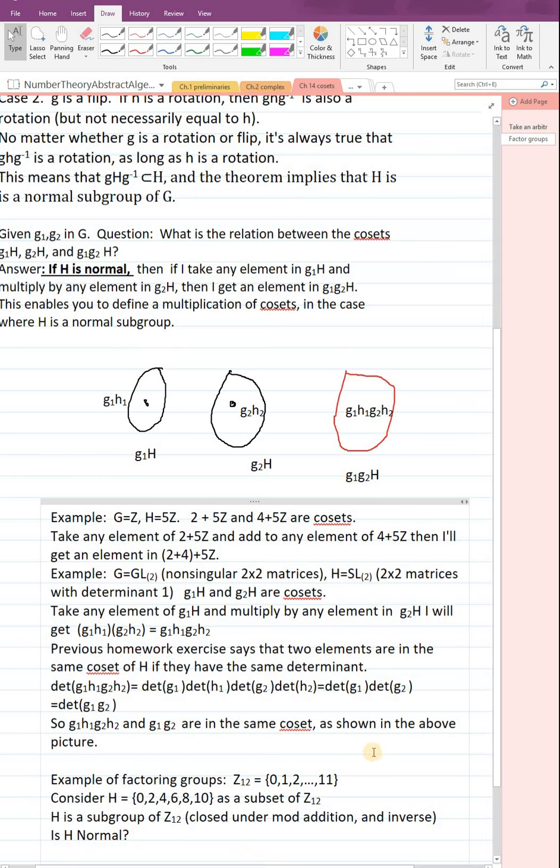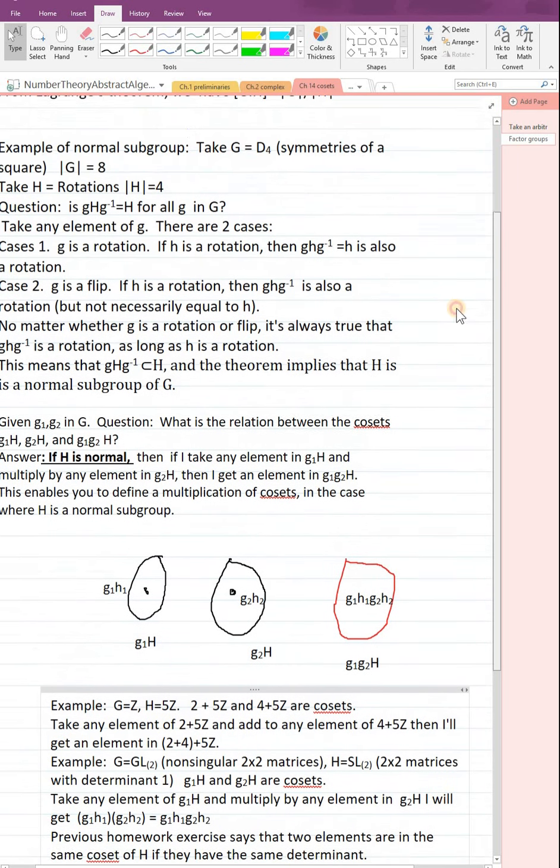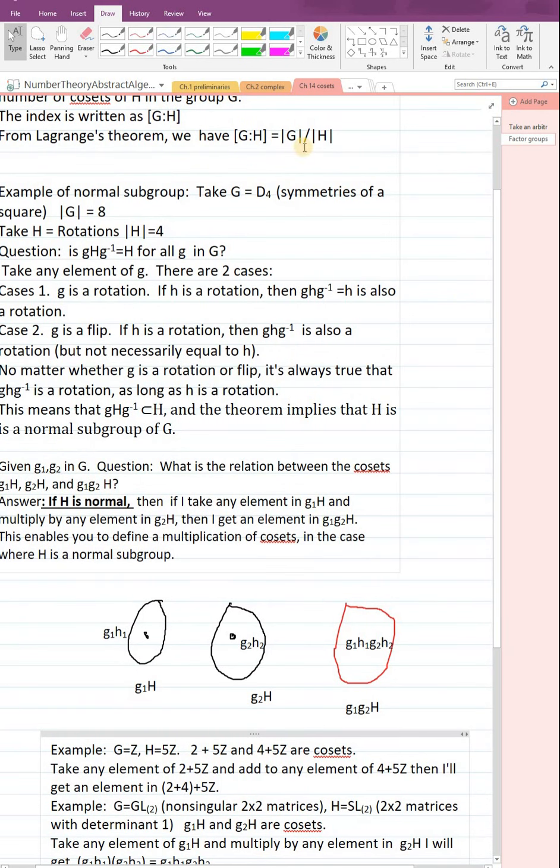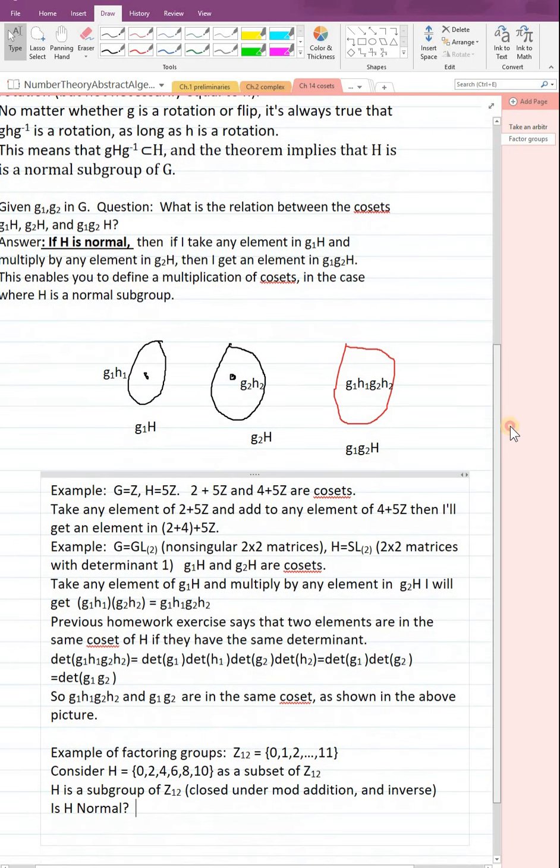Remember the formula we had up here: it was the order of G over the order of H. G has 12 elements and H has 6, so the index is 2.